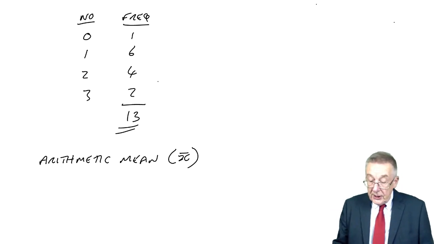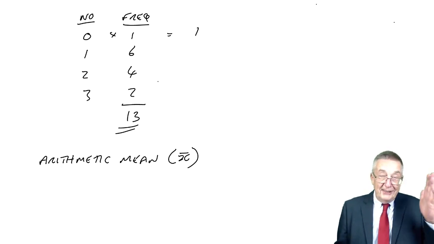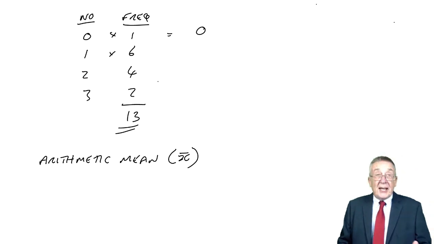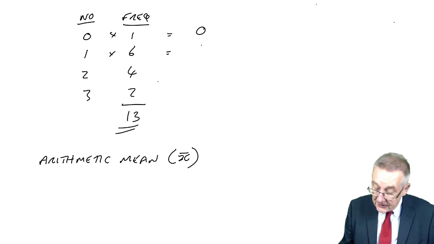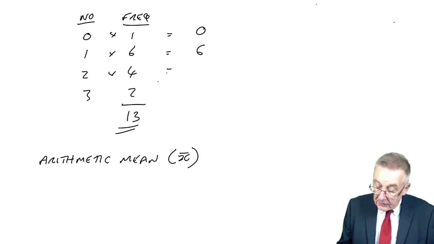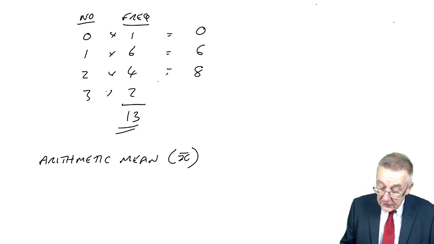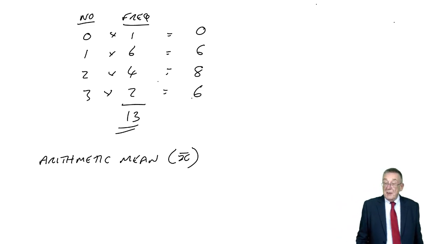Well, on one occasion it was 0, so 0 times 1 is 0. On 6 occasions it was 1, so 6 ones, that adds up to 6. On 4 occasions it was 2, so 4 twos is 8. On 2 occasions it was 3, 2 threes, 6.